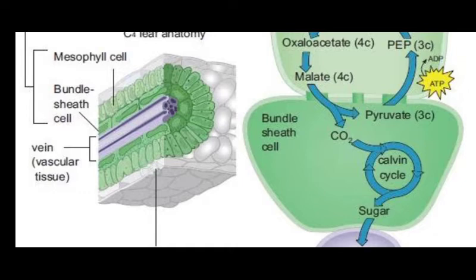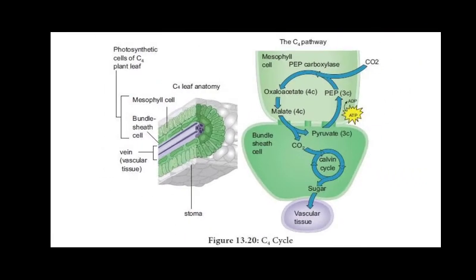But just inside this mesophyll, there is the bundle sheath surrounding the vessels, and this structure goes by the name of Kranz anatomy. This Kranz anatomy is the one which helps in more efficient fixation of carbon dioxide in those particular plants.